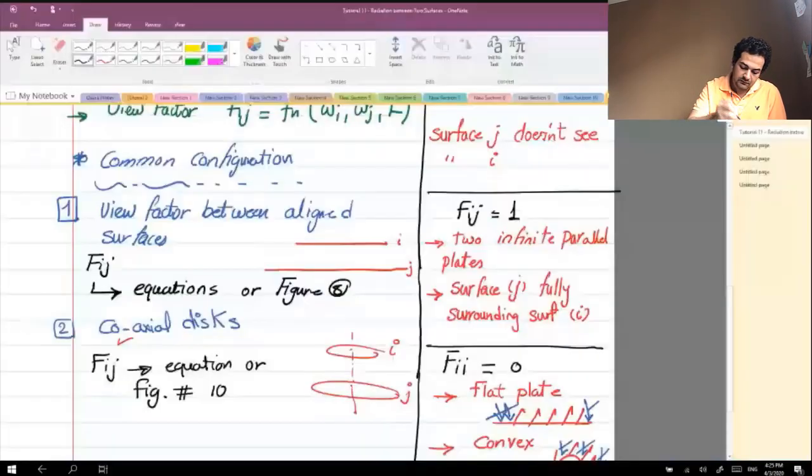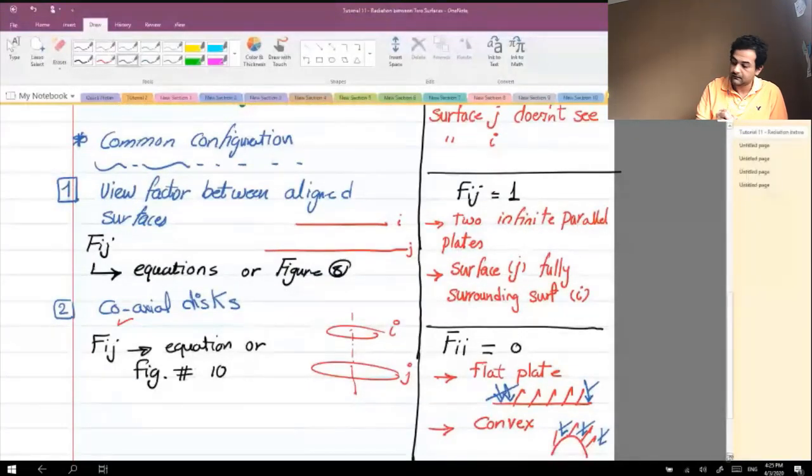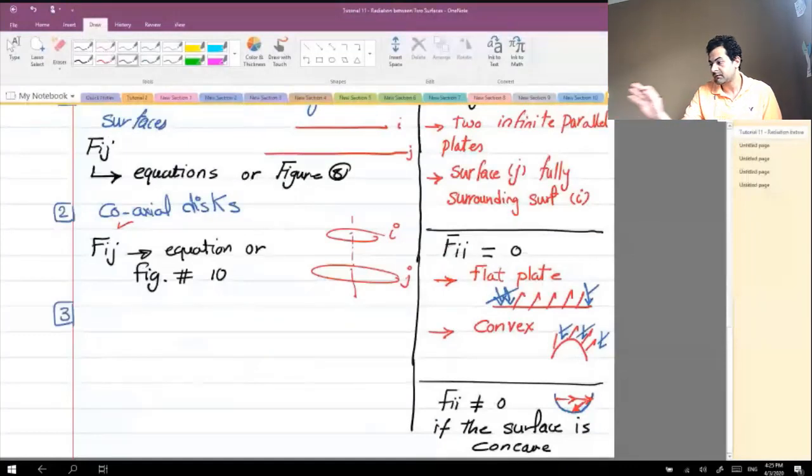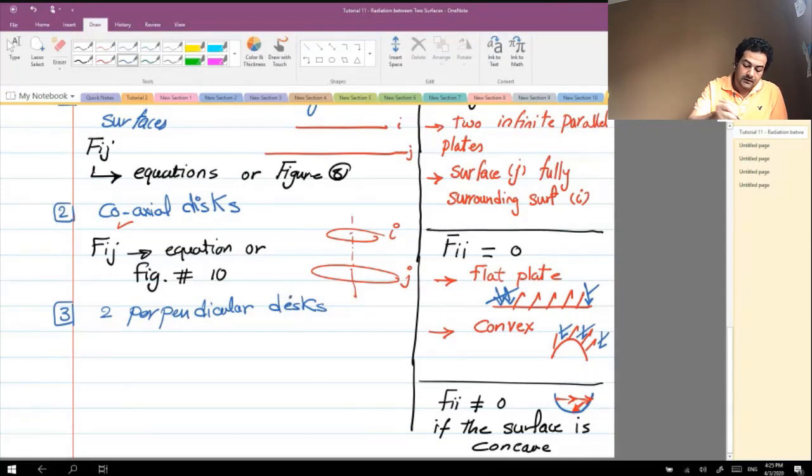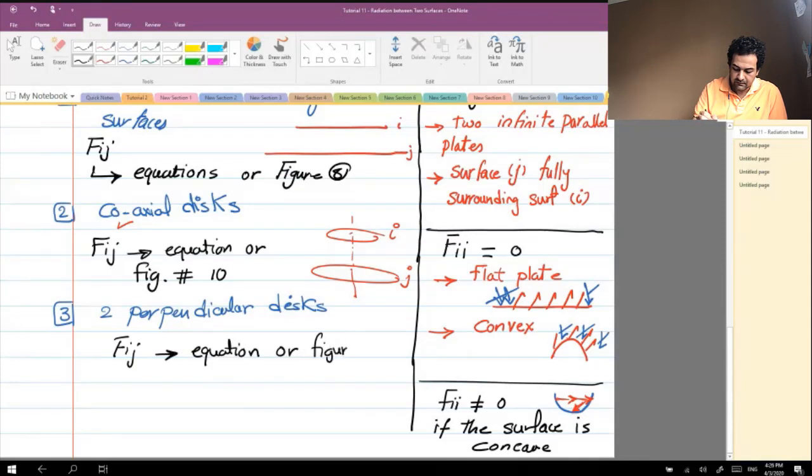So the third common configuration is basically two perpendicular disks. For two perpendicular disks, Fij can also be obtained from the equation or figure number 12 right here.